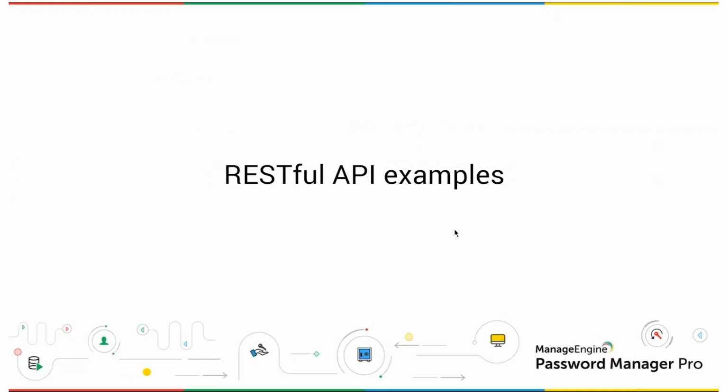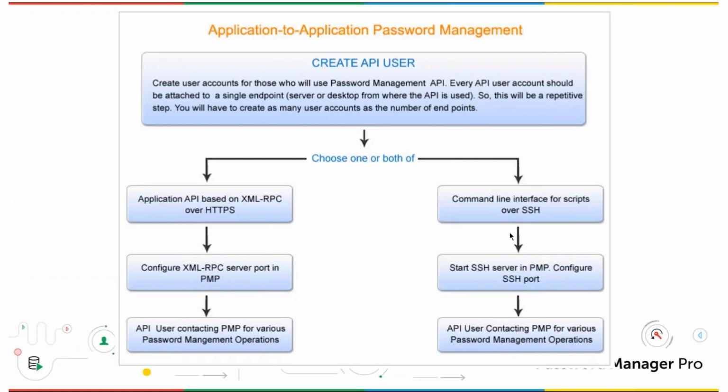And a little bit about the SSH CLI and XML-RPC APIs and what the advantages of the RESTful API are against these. With the SSH CLI based API or the XML-RPC HTTPS based API, you can do just three functions: resources, passwords, and accounts.